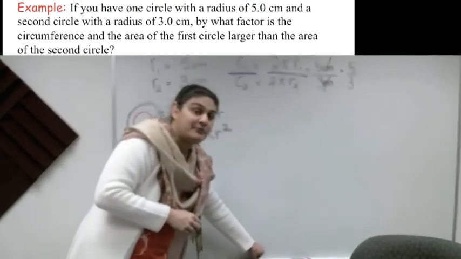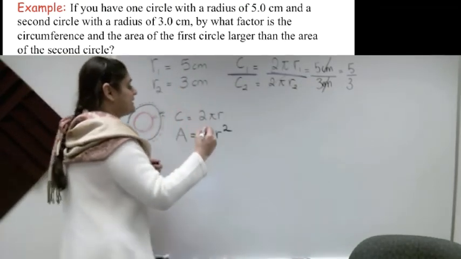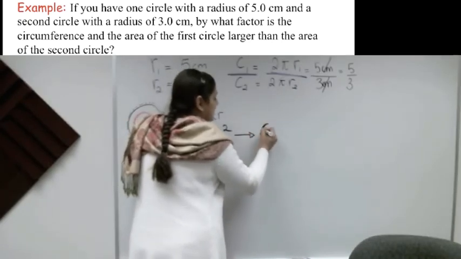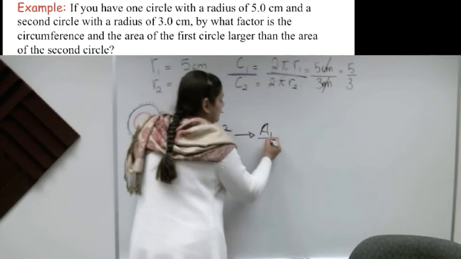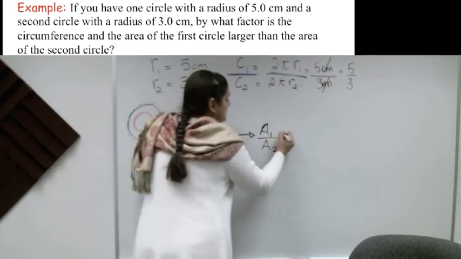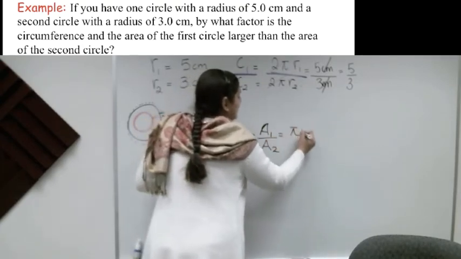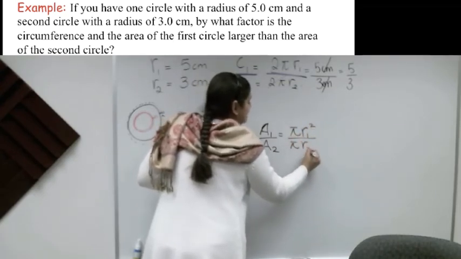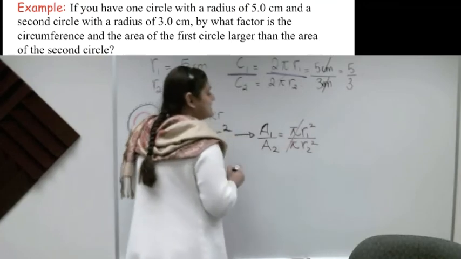Okay, now hopefully everybody's done, so we'll write this out. So when we talk about these, this is going to be area 1 over area 2, which equals pi r1 squared divided by pi r2 squared. Pi's cancel out.